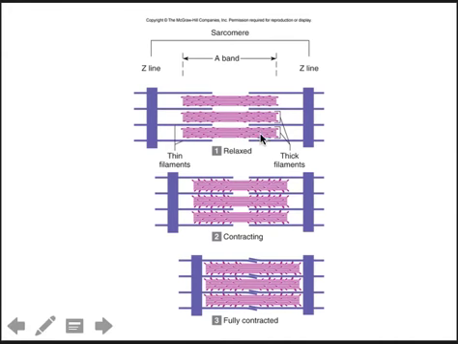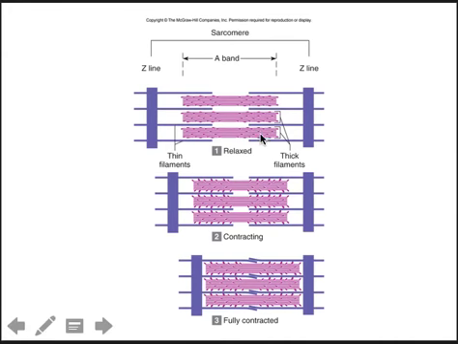between induction of contraction. If the muscle is stimulated prior to fully relaxing, we have what we call summation, where the power produced in each successive electrical command is greater than the power of the previous electrical command. And the reason for this is that due to the fact that the myofibrils have not completely gone back to their resting length, you still have some degree of overlap and cross-bridging occurring between the actin and the myosin.